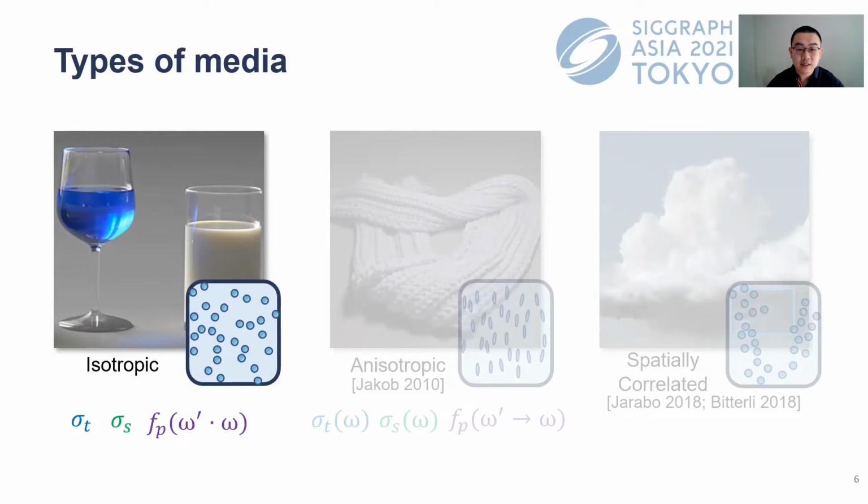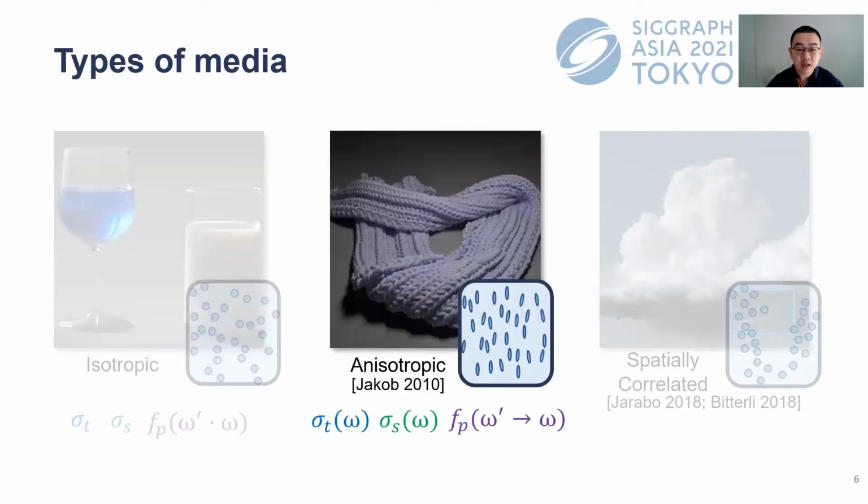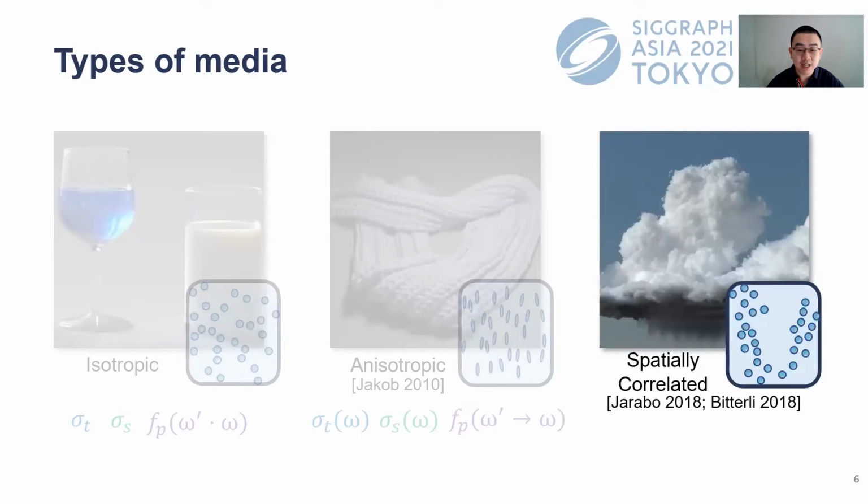However, the anisotropic media have optical properties with stronger directional dependency compared to isotropic media, such as wood or cloth fiber. In media with positive correlation, for example, cloud, the particles tend to form clusters. The areas with low concentrations have higher transmittance.